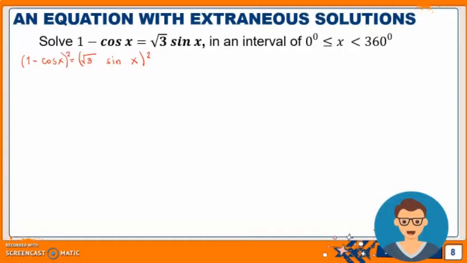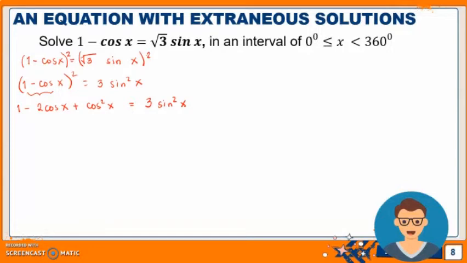So that would become 1 minus cosine x quantity squared is equal to 3 sine squared x, so the square root will be cancelled out. And then we'll expand the binomial. We have 1 minus 2 cosine x plus cosine squared x is equal to 3 sine squared x.